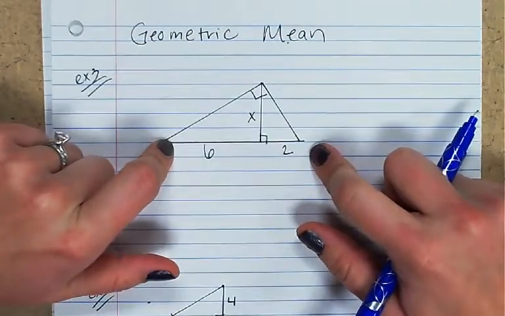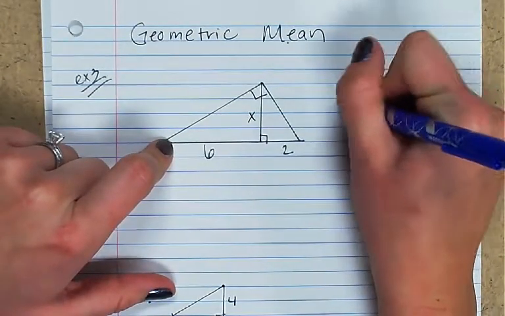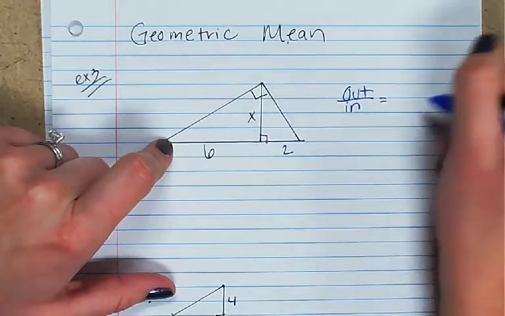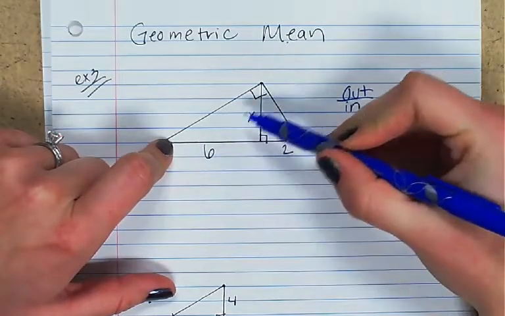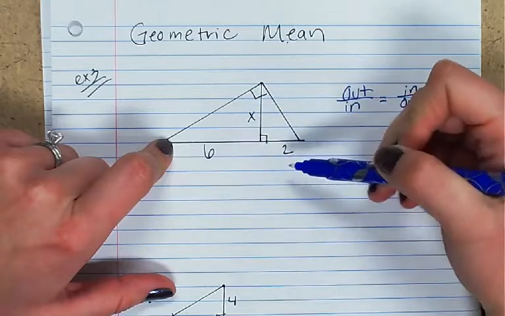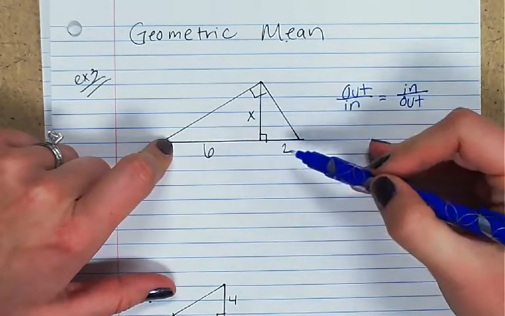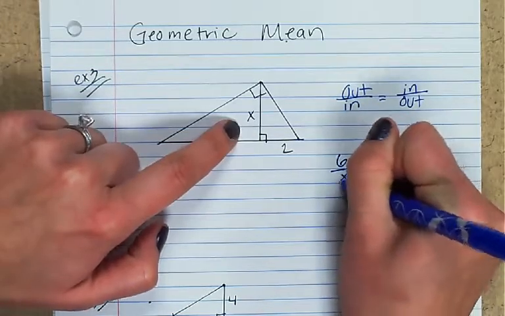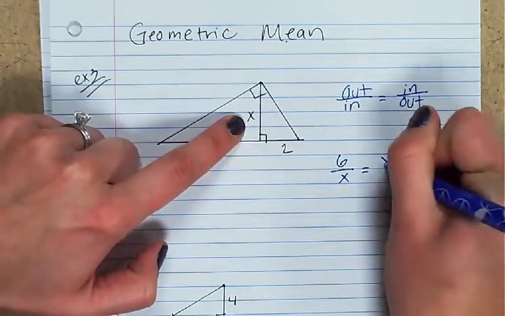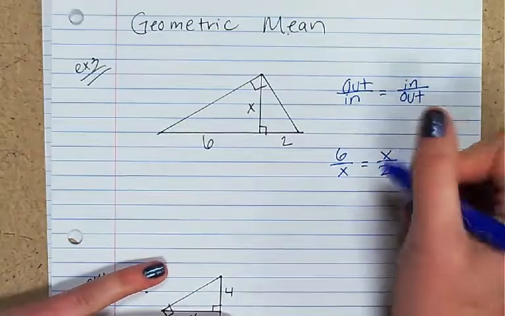The way you set up the geometric mean is outside over inside equals inside over outside. Out over in equals in over out. That's how I think of it. That's how you would set up the geometric mean to solve this.